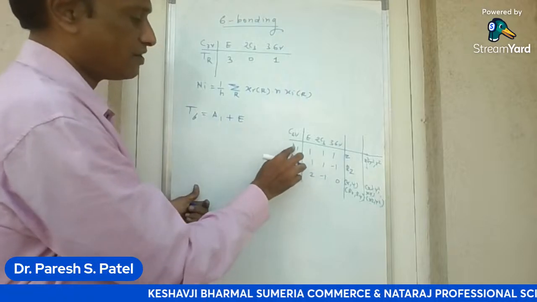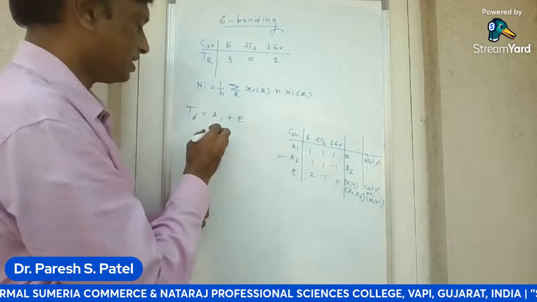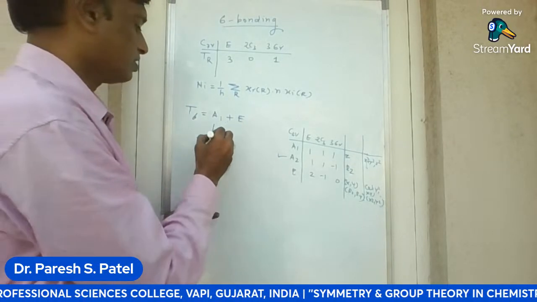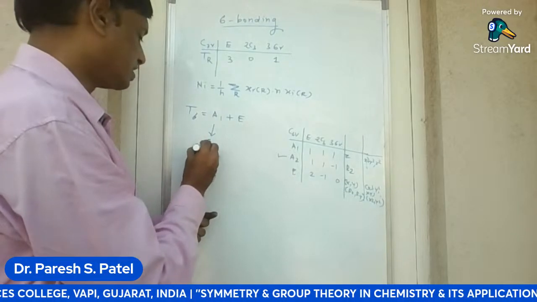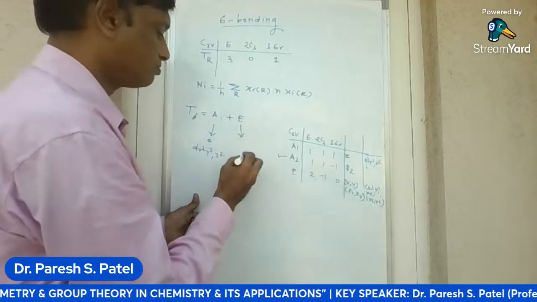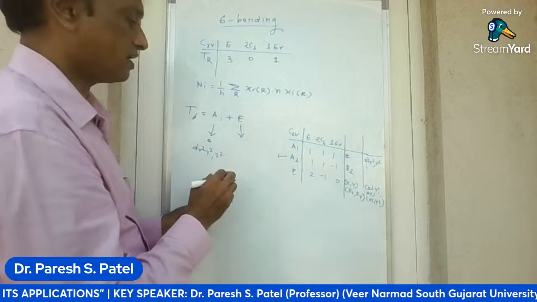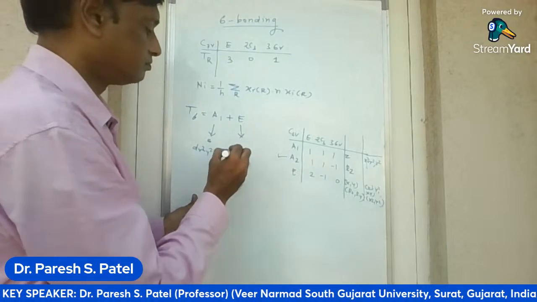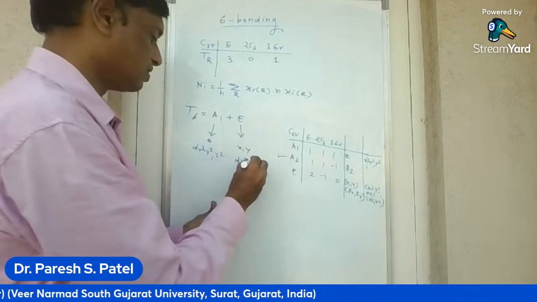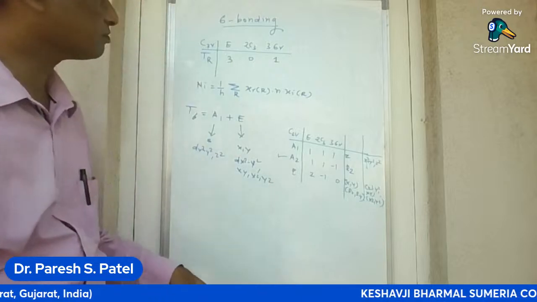A1 plus E. Why? n1 is equal to 1 and n2 is equal to 0, which means there is no involvement of A2, and E. Now A1 comes from the s orbital, or we can say dx²-y² and z². E comes from the p orbitals, or we can say dx²-y², xy, xz and yz.